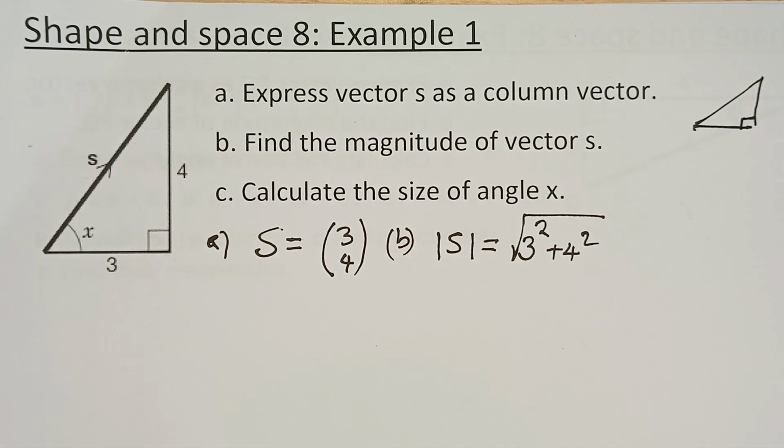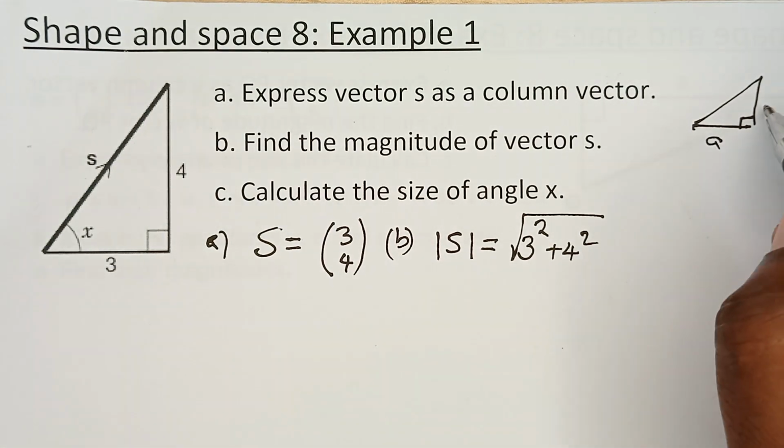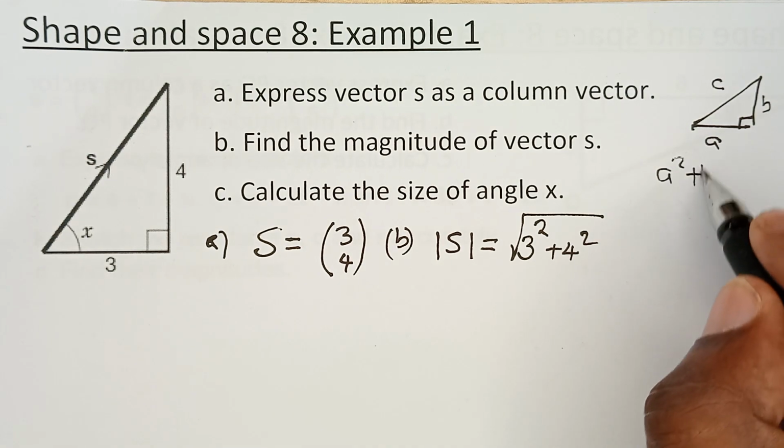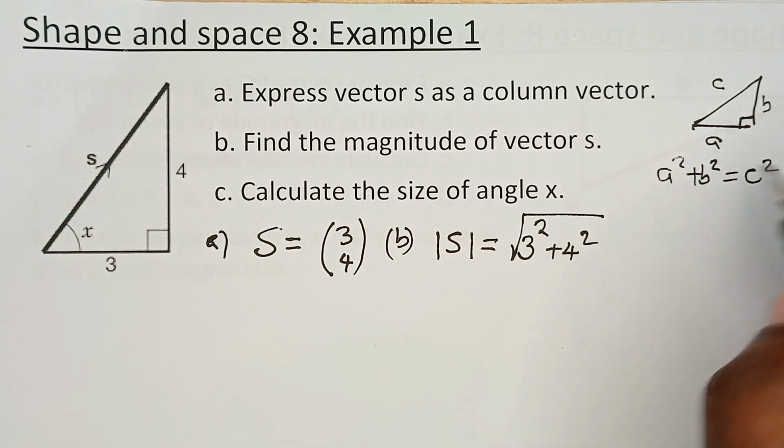If we have a right angle there, and this is A, and this is B, and this is C, we know that A squared plus B squared is equal to C squared.